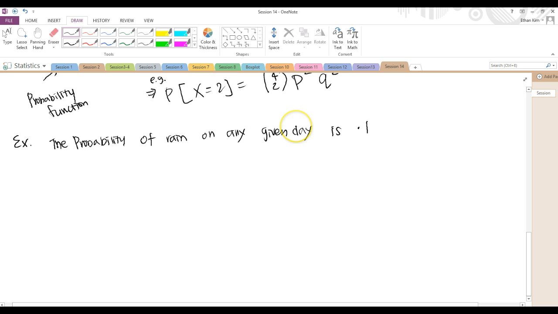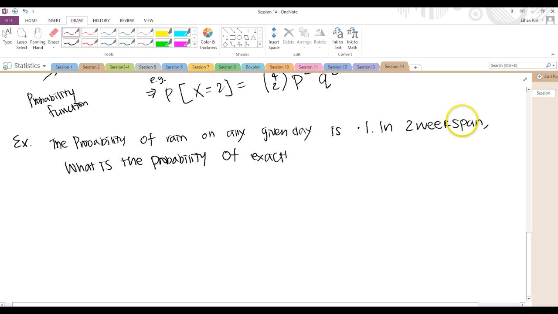Okay, so if in a 2-week span, what is the probability of exactly 3 rainy days?